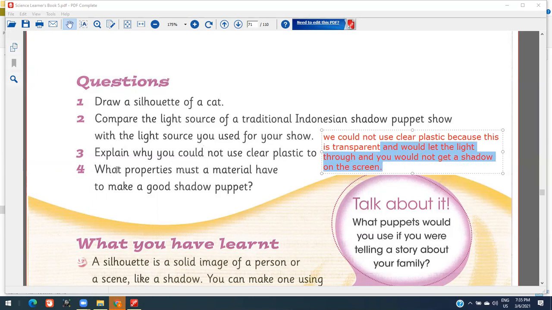Question number 4. What properties must a material have to make a good shadow puppet?